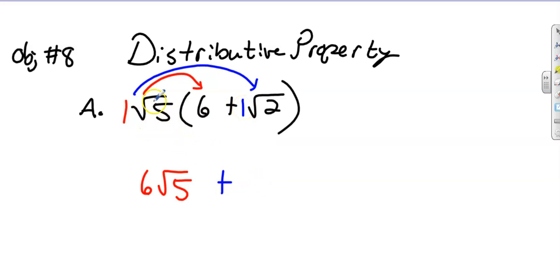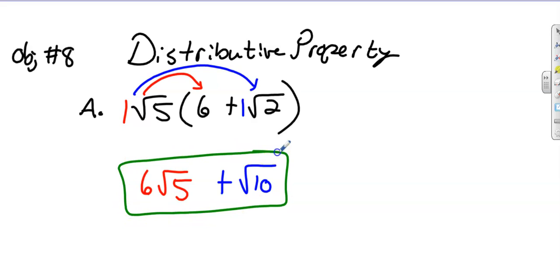On the inside, you have 5 times 2, so you can make that square root of 10. And again, those are different radicands, because if they're not the same, you cannot add them together. So that answer will just be what you're looking for there.